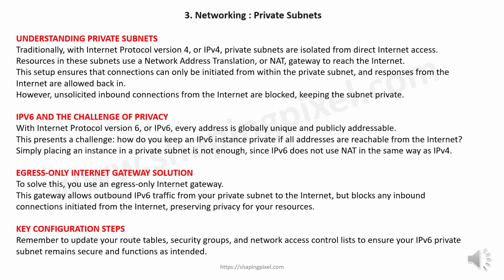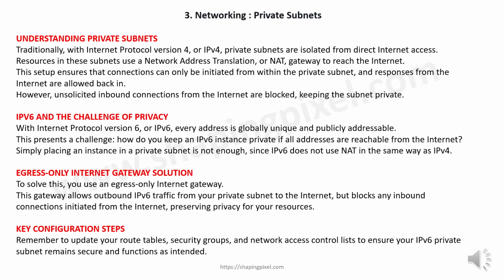Let us explore how to create private subnets with IPv6 using an egress-only internet gateway to maintain privacy while allowing outbound connectivity. Traditionally, with Internet Protocol version 4, or IPv4, private subnets are isolated from direct internet access.